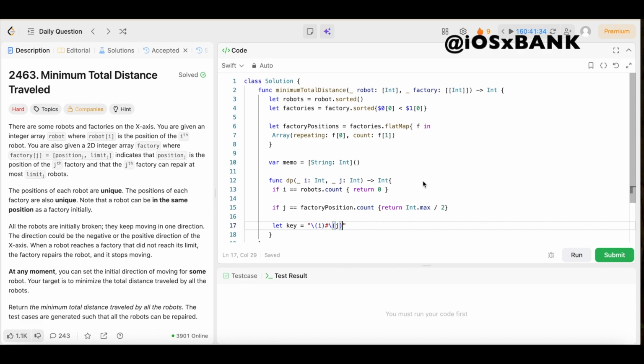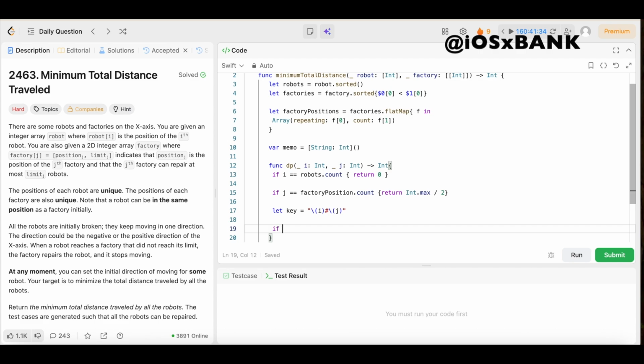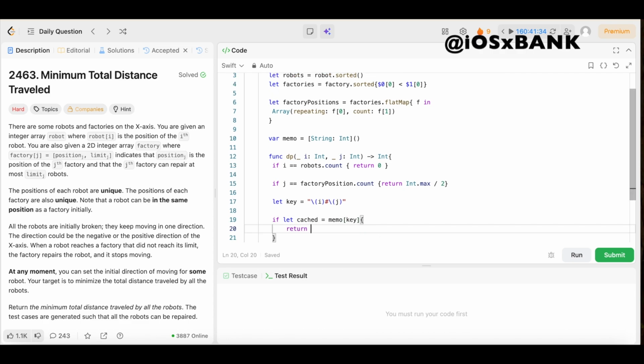That should be right. Now we need to return the cached result if it's already computed. So we're going to say if let cached equals memo square bracket key. We'll come outside of that, open up the brackets, and we'll return cached.